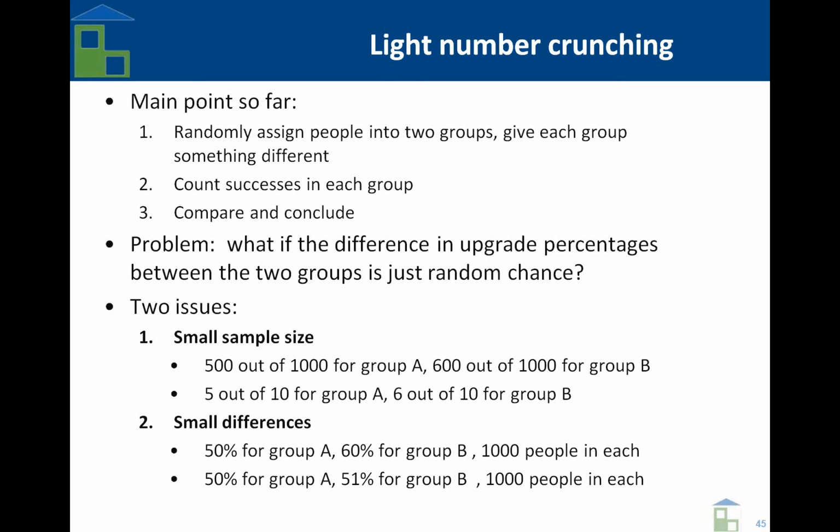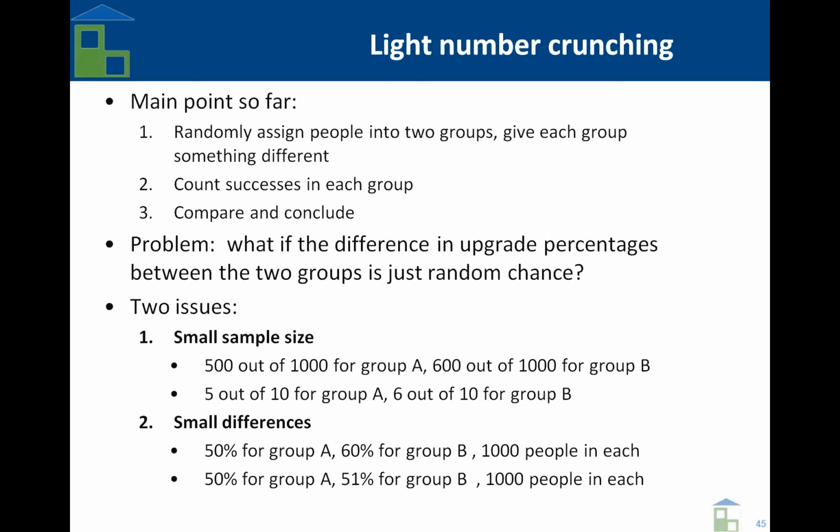But now, what if I said that there are only 10 people in each group, and 5 people in Group A got upgrades and 6 people in Group B did? Note that in both situations, we're comparing 50% to 60%. But in that first case, we feel a lot more comfortable saying that it wasn't due to random chance. Maybe a person in that second case just had a bad day or something. I think it would be pretty hard to conclusively say that program B was better in that case.